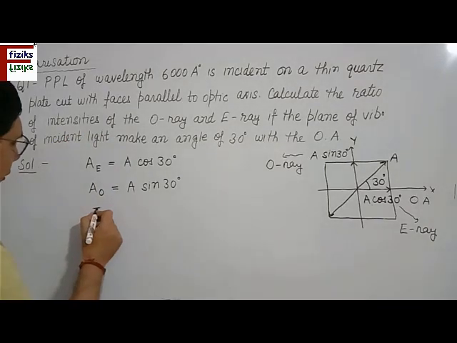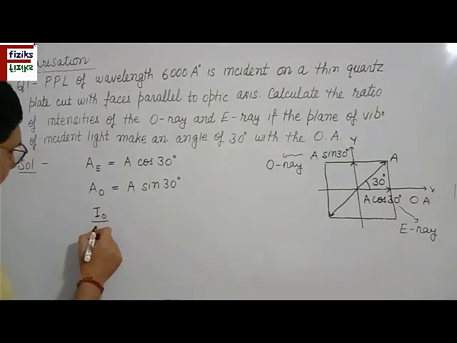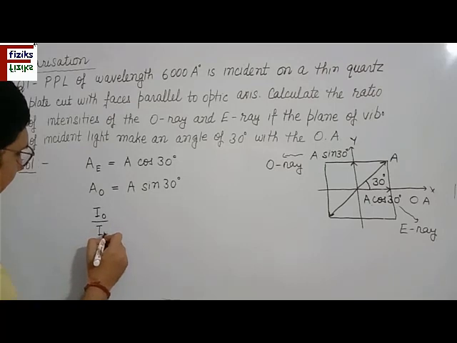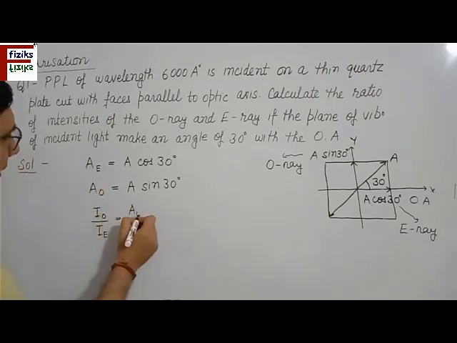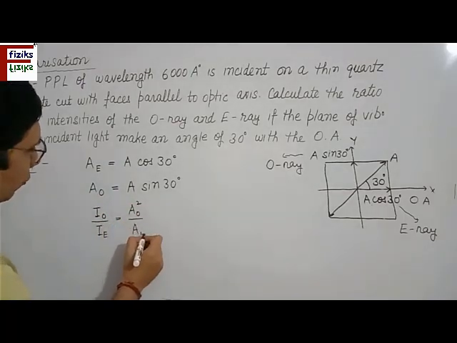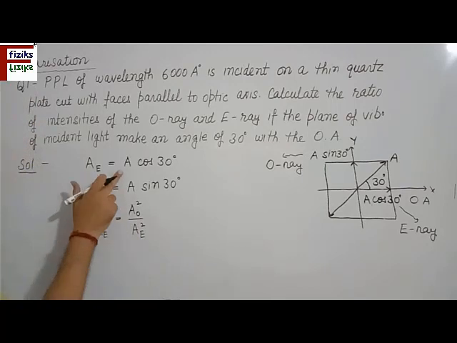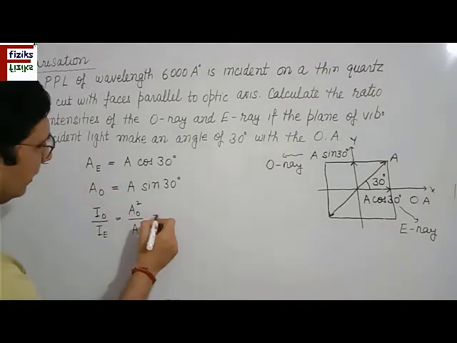So intensity of O ray will be equal to AO square, and intensity of E ray will be AE square. So we will write this as AO square upon AE square. Now substitute the values of AO and AE here.